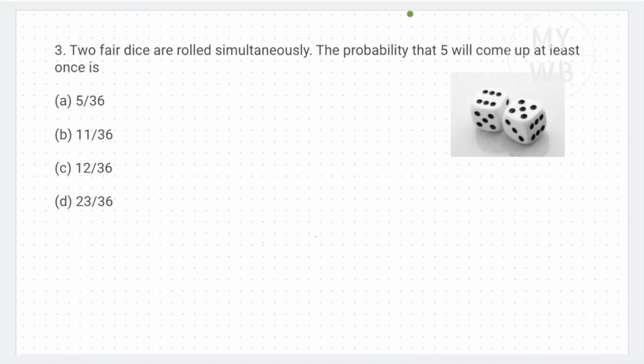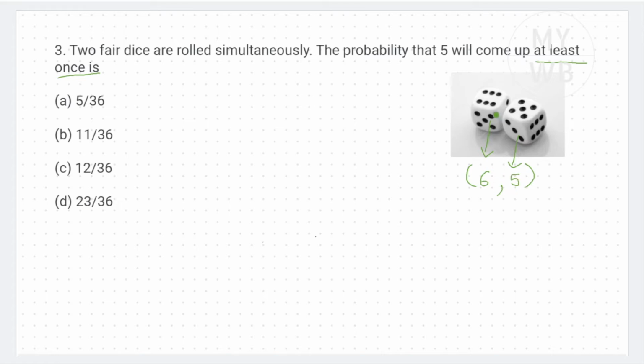Two fair dice are rolled simultaneously. Probability that 5 will come up at least once. When two fair dice are rolled, the outcome is recorded as two numbers separated by a comma. The first number shows the result of the first die, and the second number shows the outcome of the second die.